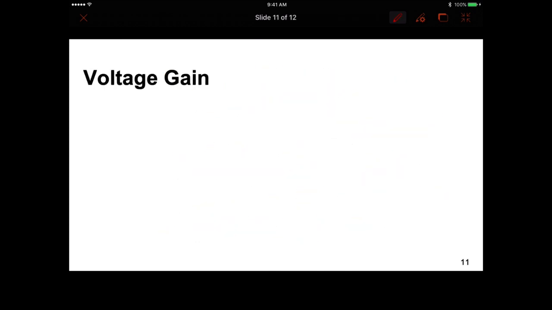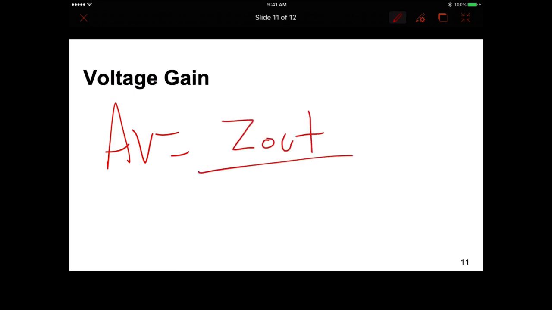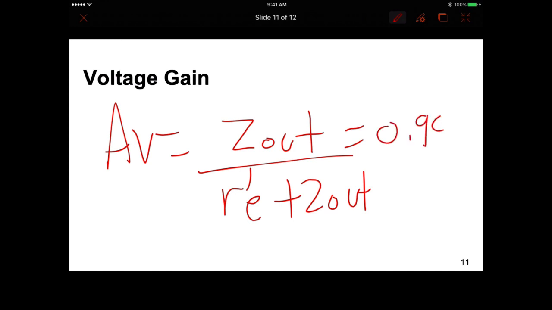And so now the voltage gain AV. Again, that comes off the emitter, so the input and output are in phase. Exactly, it's going to be Z out divided by R prime E plus Z out. So it's really going to be a slight attenuation. It's not intended to provide gain.